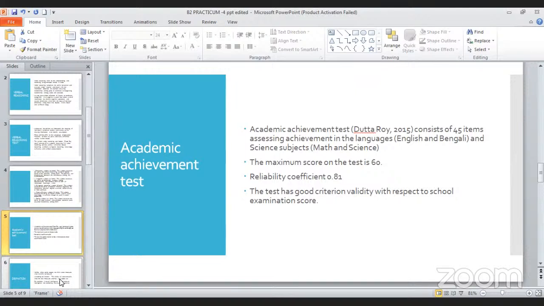We may measure its content. We are finding out the correlation coefficient between the particular test and the test that also measures that content, isn't it? We are finding out the correlation coefficient.